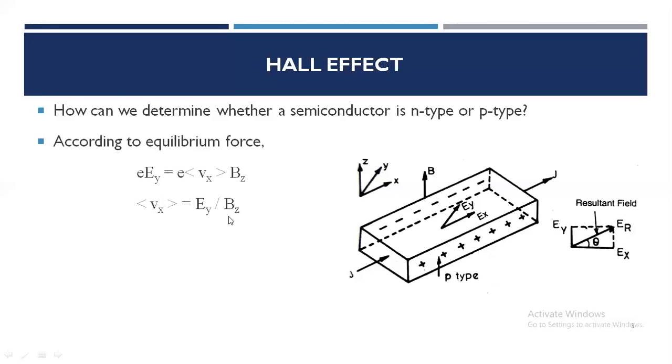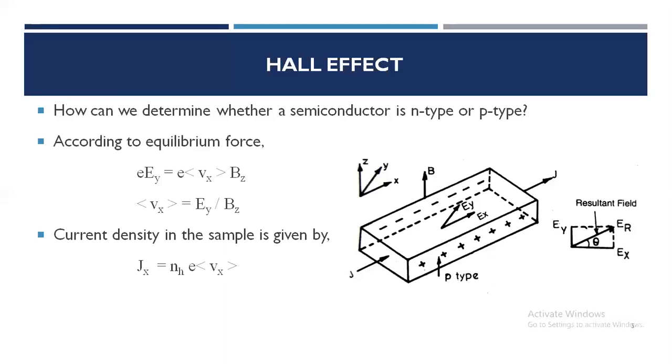Also, the current density in the same sample is given by Jx equals Nh into e into Vx, where Jx is the current density in the direction of x, and Nh is the density of holes, only considering the positive charge here.